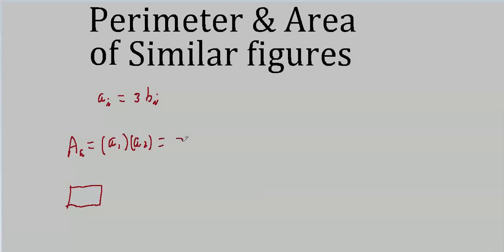So that's 3 squared times B1, B2. This is the important part. This could just as easily have been written A sub I over B sub I equals 3. So we have a scale factor of 3. Our area has a scale factor of 3 squared.